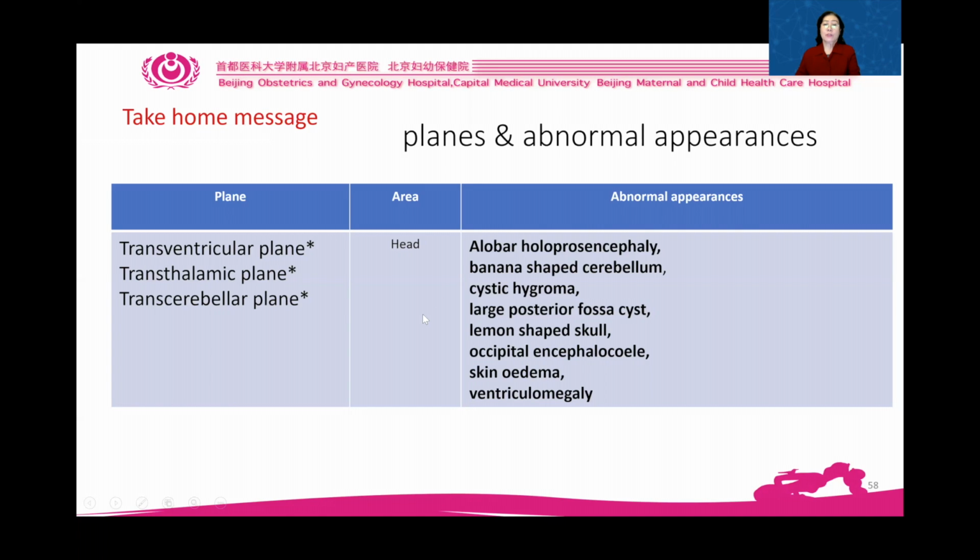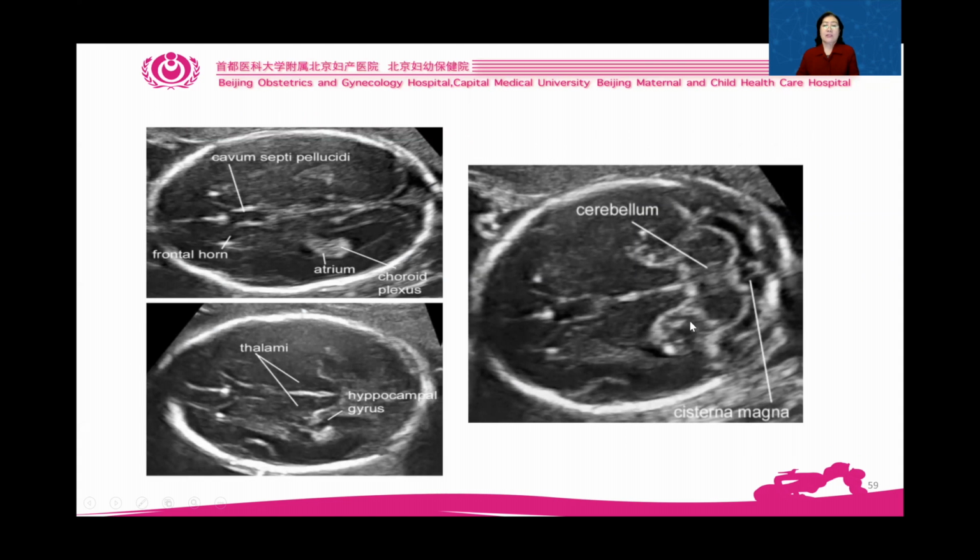For the head, we should observe the shape, integrity, and the measurements. Because with the 3 planes, we can find many abnormal appearances: holoprosencephaly, banana-shaped cerebellum, cystic hygroma, large posterior fossa cyst, lemon-shaped skull, occipital encephalocele, skin edema, and ventriculomegaly. So these three planes are very important.